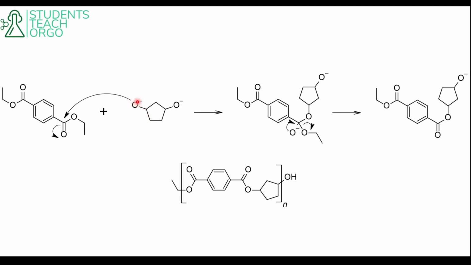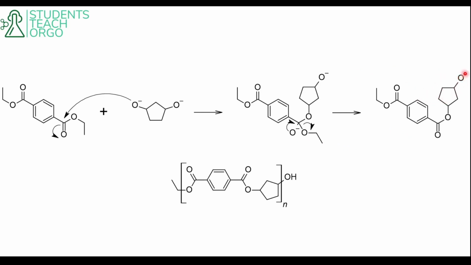But so you take the alkoxide here, attack the ester carbon, and that will kick up one of the electron pairs in the double bond to this oxygen, and so you're left with this intermediate, and then now you can reform that double bond and kick off this ethoxide leaving group, and so we get this, and then that just repeats.